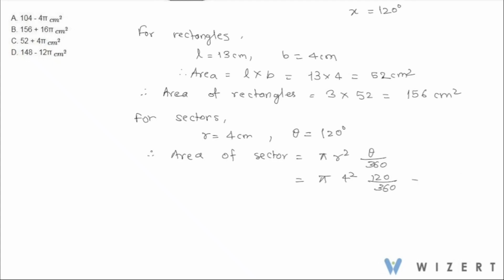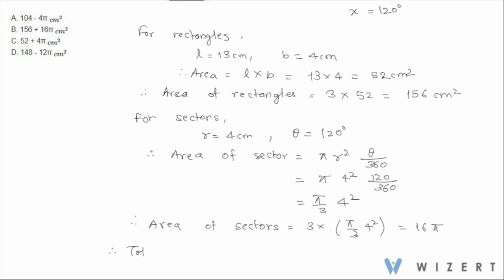So therefore area of all sectors will be equal to 3 multiplied by pi by 3 4 square, which is equal to, 3 gets cancelled out and we get 16 pi.